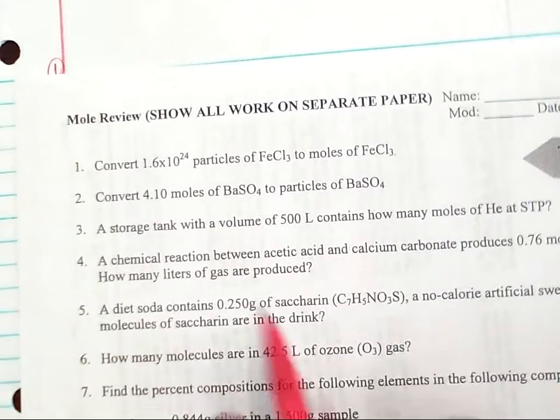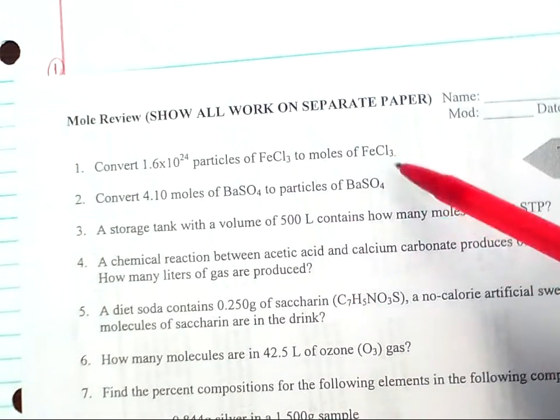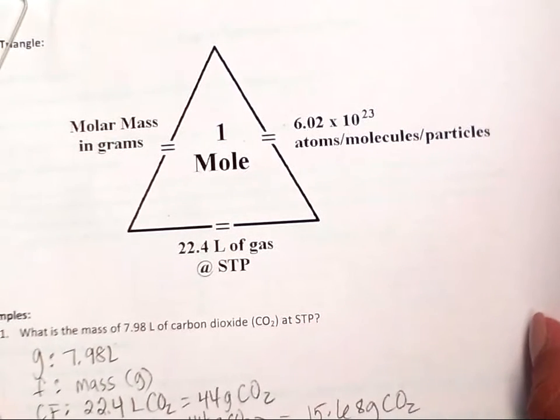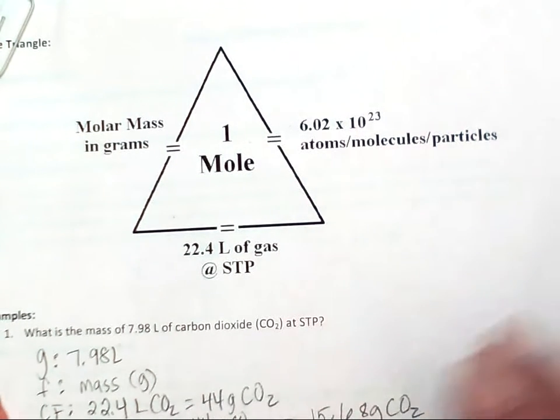Okay, so for number 1, it says convert 1.6 times 10 to the 24 particles of iron chloride to moles, okay? And of course, every single time, we will be using the triangle to look at the relationship between the given and the find. That is the conversion factor between the given and the find.